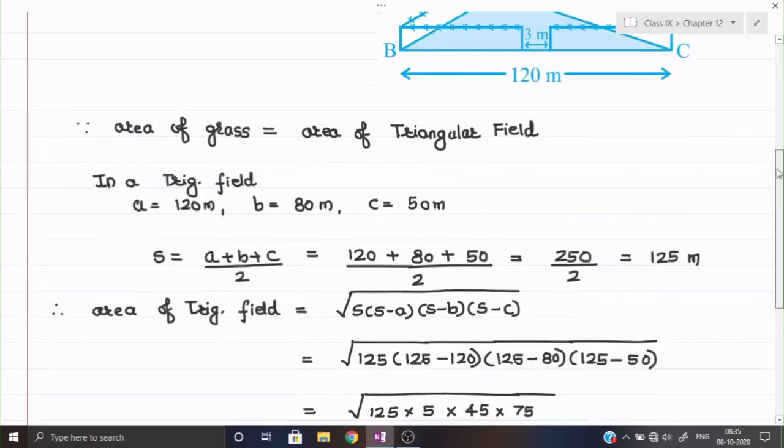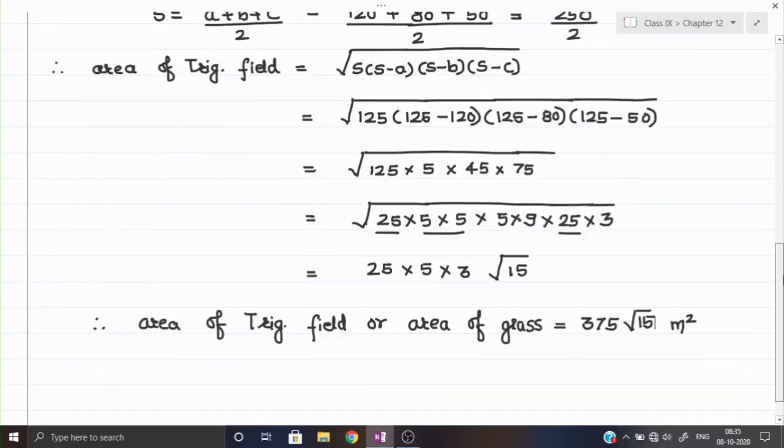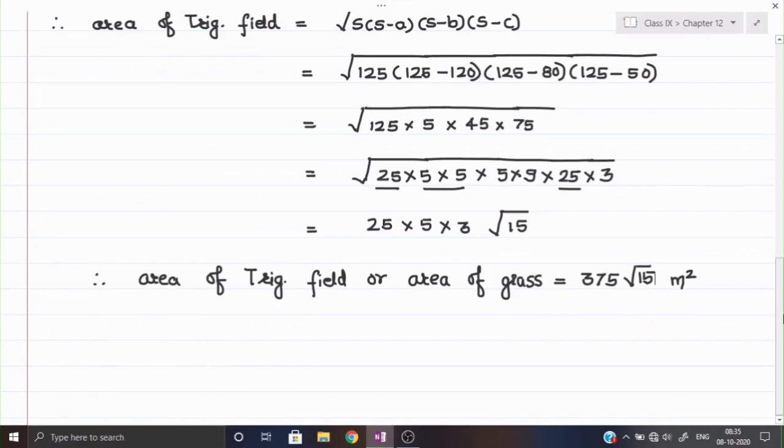So first of all we shall find out the perimeter of the triangular field, that will give us the length of the wire, and we shall multiply it by 20. While finding the perimeter of the field, we shall subtract 3 also, because a gap of 3 meter for the entrance we have to keep. Okay, so first of all let us write down further. Now we are finding the second part.